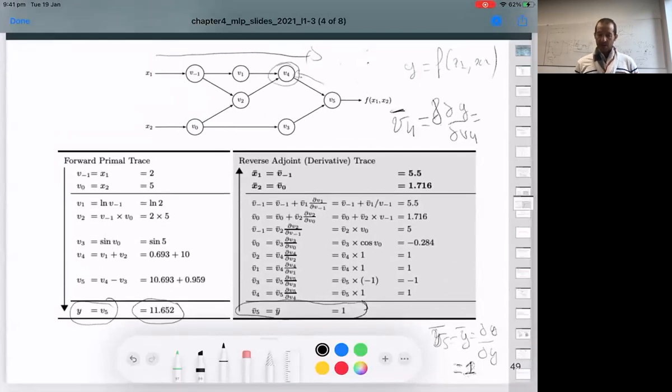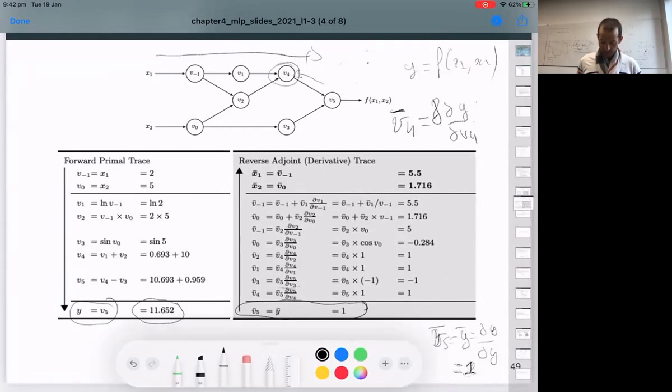So the derivative of y with respect to v4, what is this? y is v5, so it is the derivative of v5 with respect to v4. My question is, y is equal to this.